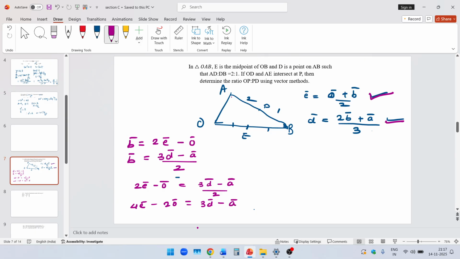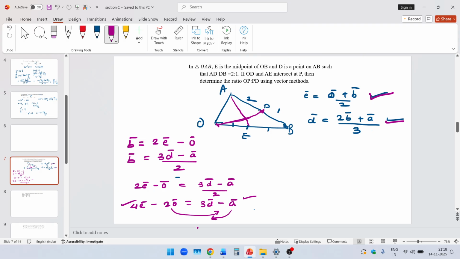Now let me connect points A and E, O and D. Because these two formulas are the same, I want O and D together. So let us bring O and D together. I will have to take this to the right hand side, and A will come to the left hand side.